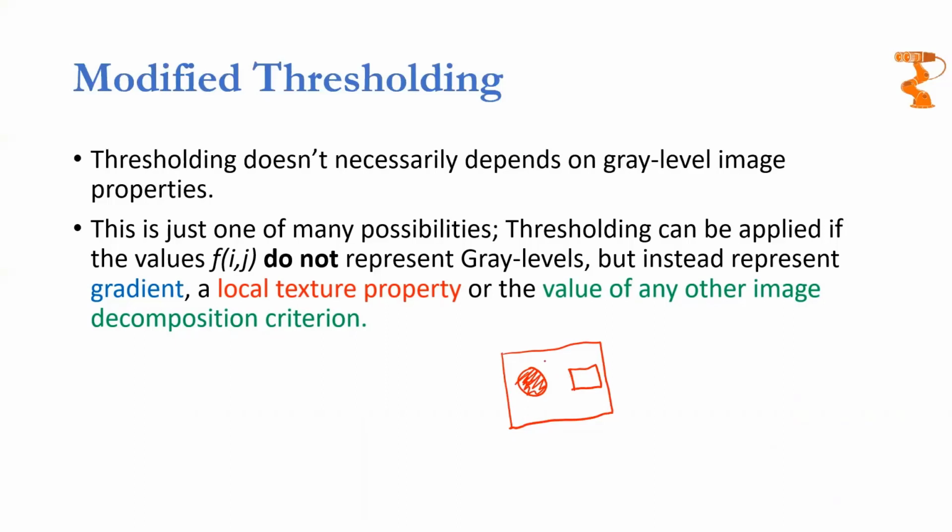So all the objects that don't have any corners in them are put into one category, whereas objects having some corners or a particular number of corners will be put into the other category. Over here, we are using the corners. We are not using brightness values. We are using the number of corners present in the object. So you can use any property of the object, any information present in the image, to segment out different objects present in that image.